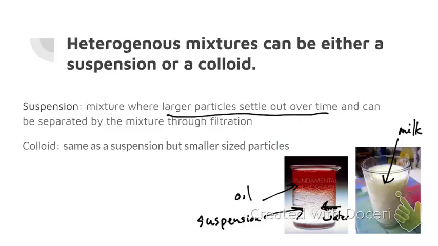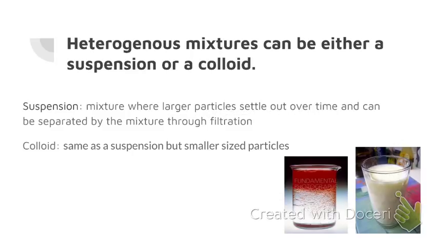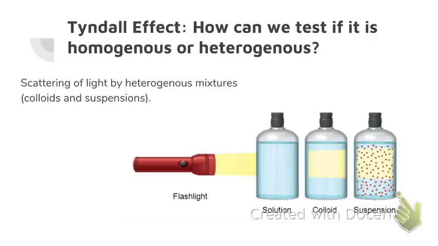So how can we tell the difference between, say, a colloid, which is a heterogeneous mixture, and a solution, which is a homogeneous mixture? Well, the answer is we use what's called the Tyndall Effect. If you flash a laser or a light in a solution, so remember a solution is a homogeneous mixture, light doesn't scatter, it just absorbs the light.